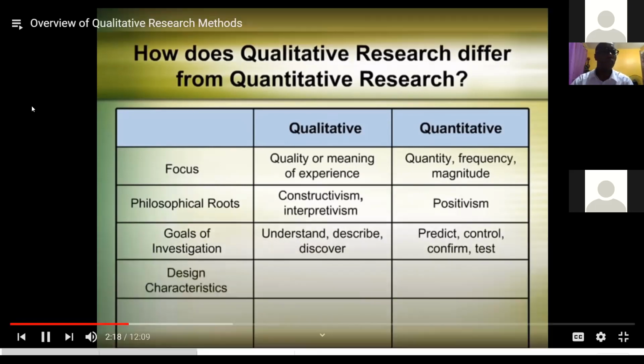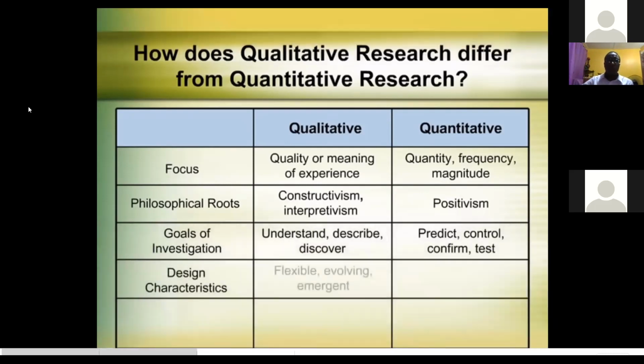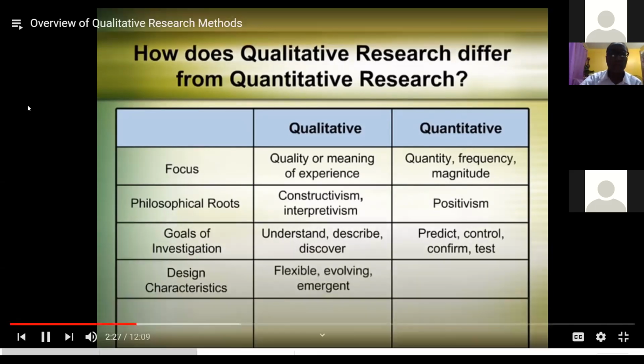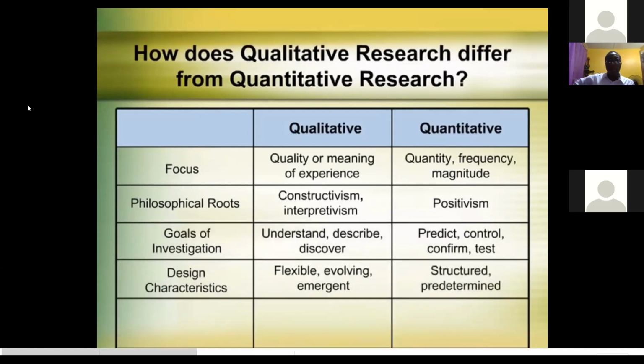Design characteristics. The designs used in these two types of research are suited to their goals. Qualitative research design is more flexible, evolving, and emergent, while quantitative research design is structured and predetermined. It should be emphasized that the flexible structure of qualitative research in no way suggests that it is less disciplined or easier to design or implement. Quite the contrary.